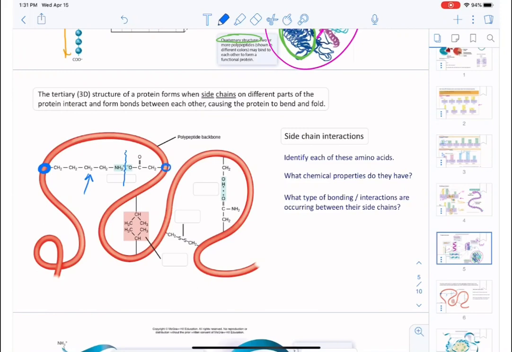Then I want you to find out what that amino acid is right there. And once we know those amino acids, and specifically we know the chemical characteristics of those amino acids, then we can determine what type of chemical bond is forming and linking these two side chains together. So why don't you take a second and identify these individual amino acids here.